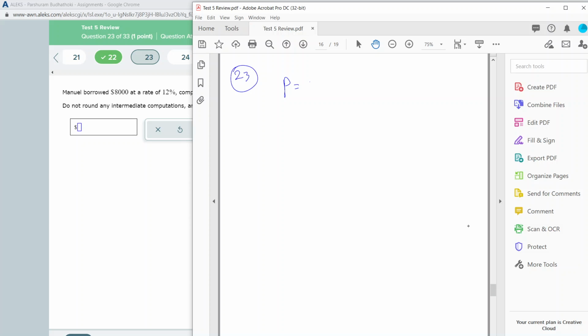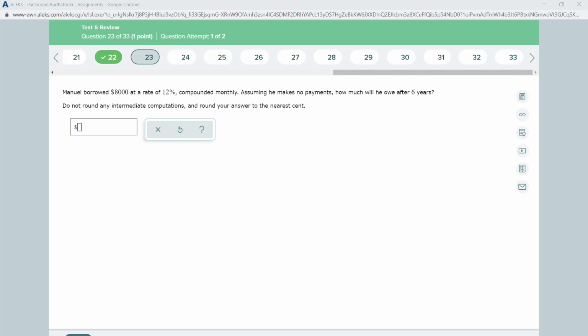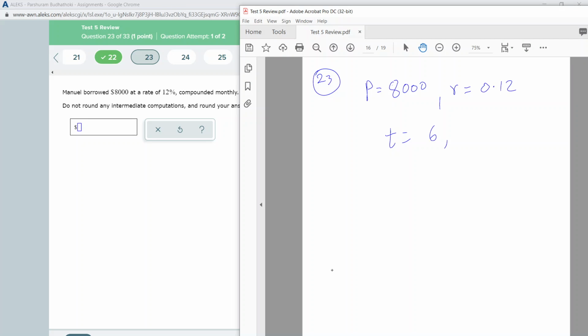Okay, so P is 8,000. Rate is 0.12 if you divide 12 by 100. Time is given here as 6 years, and compounded monthly, there are 12 months in a year, so n would be 12.